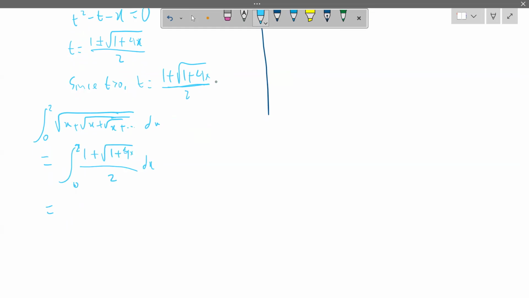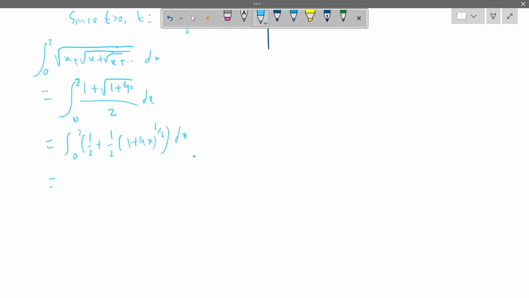So you have the integral of 1/2 plus the integral of 1/2 times the square root of 1 plus 4x, or to make it easier for us to notice, 1 plus 4x to the power of 1/2. So this is fairly standard. The left term becomes 1/2 x.